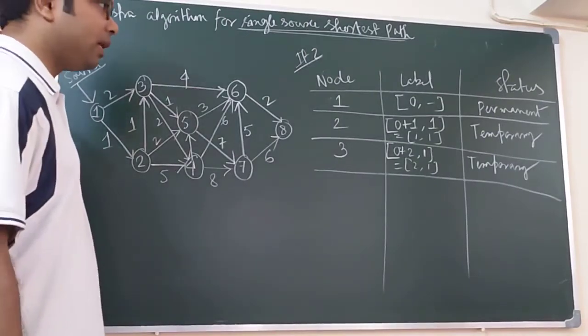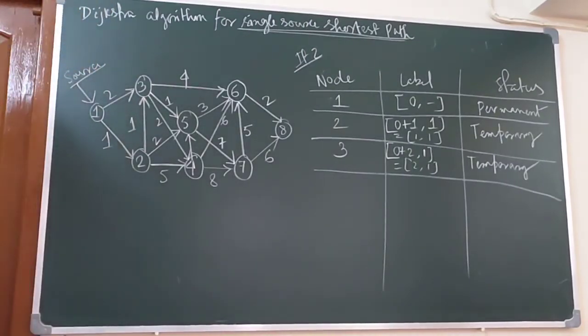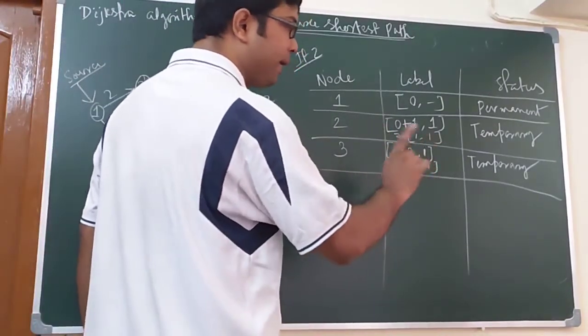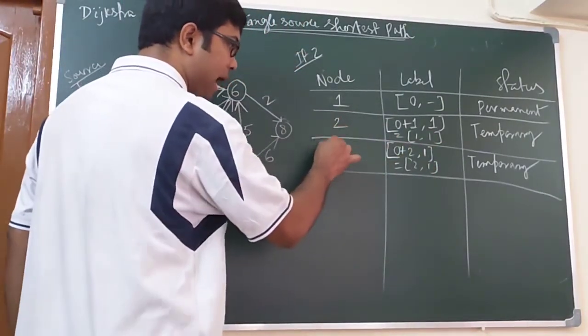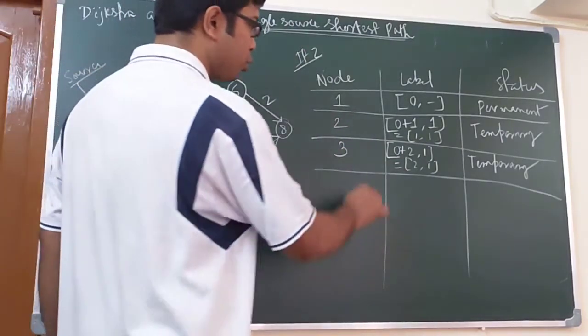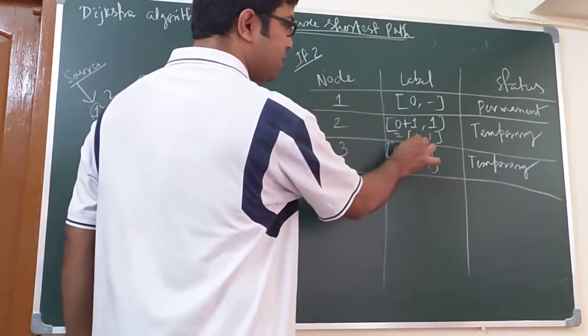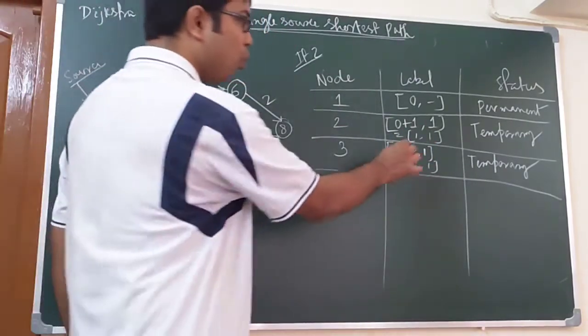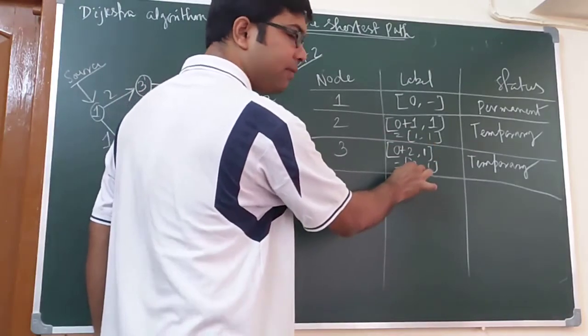After iteration 2, there are two temporary nodes, node 2 and node 3. Among these, node 2 has the minimum level value, 1, and node 3 has level value 2.